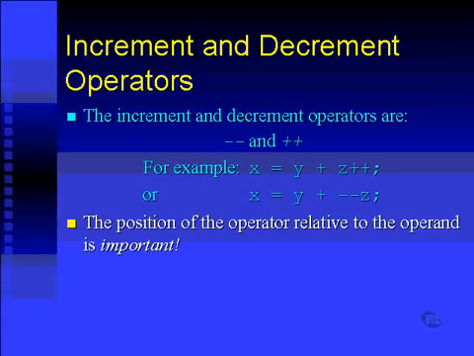Similarly, you could have minus minus z or z minus minus on a line by itself, and it wouldn't really matter. It only matters when there's an equal sign on the same line. Or more specifically, if something else is happening on the line after the value of z has been read, or before the value of z has been read, as the case may be. Anyway, let's go and have a look at some examples.